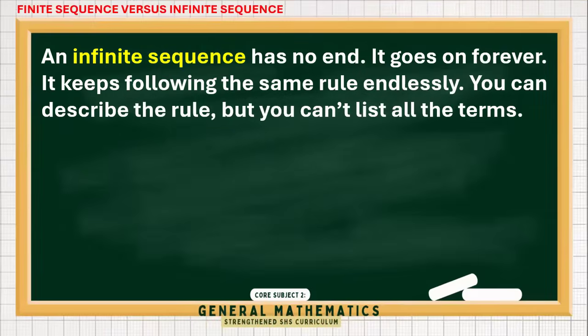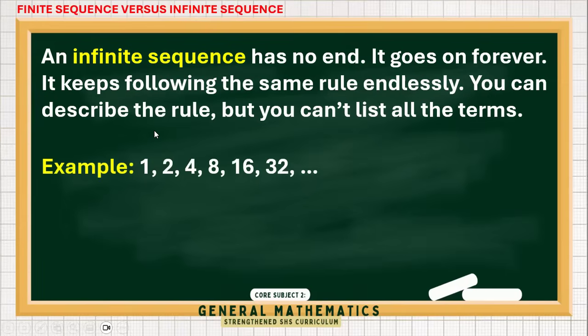What about an infinite sequence? It's the opposite of the finite sequence, and it has no end. It goes on forever, and it keeps following the same rule endlessly. So you can describe the rule, but you can't list down all the terms of the sequence. Let's have an example: 1, 2, 4, 8, 16, 32, and so on.